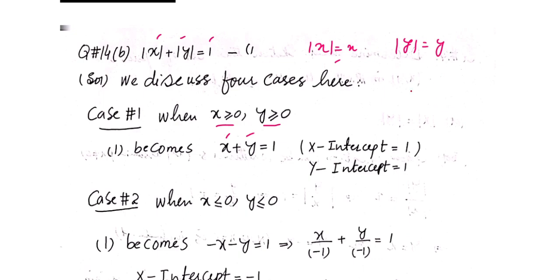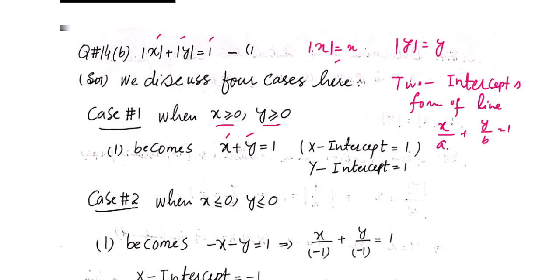I hope in your school level algebra you know the two intercept form of a line. This is x/a + y/b = 1.